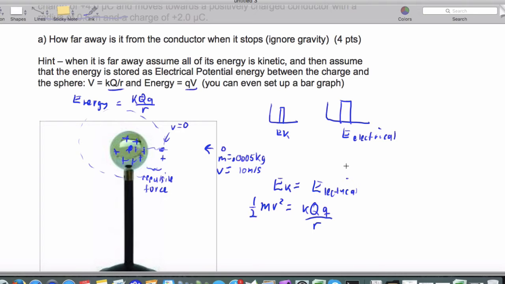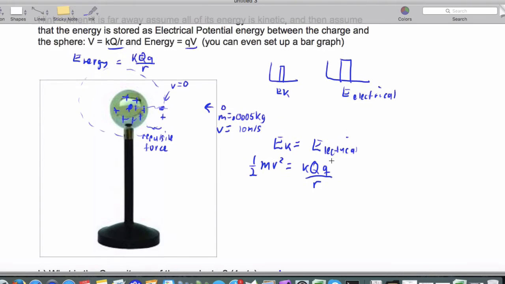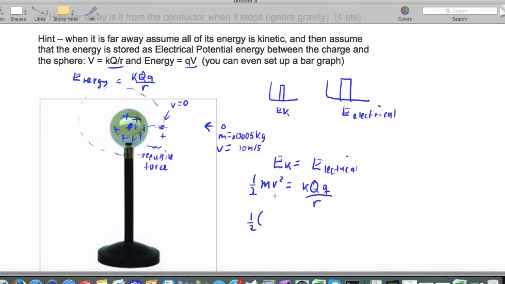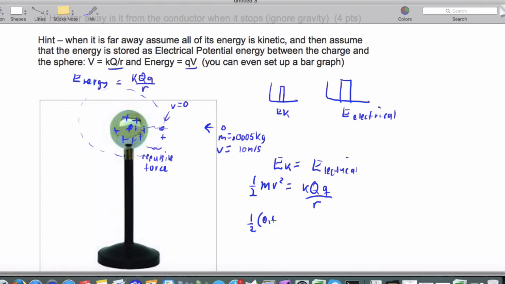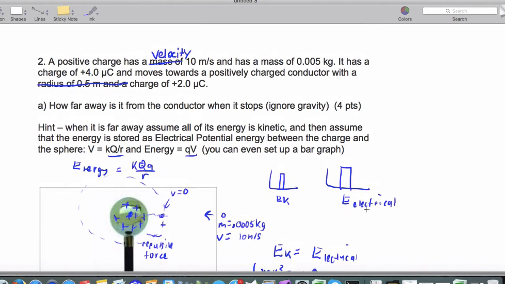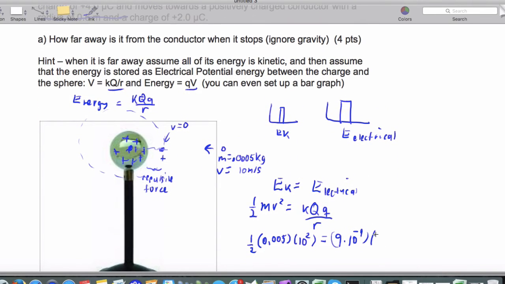Now, in this particular case, we're going to put in our numbers. So we have 1/2, m is 0.005, v is 10 meters per second squared, equals 9 times 10 to the 9th. Q of the conductor is 2 microcoulombs. When I'm dealing with energy, I always use my full numbers.